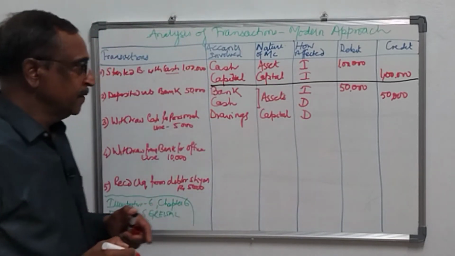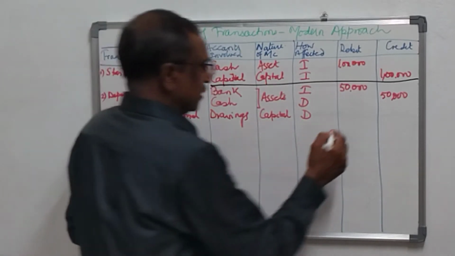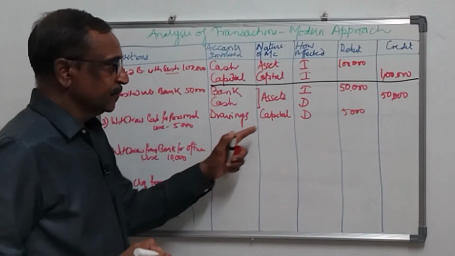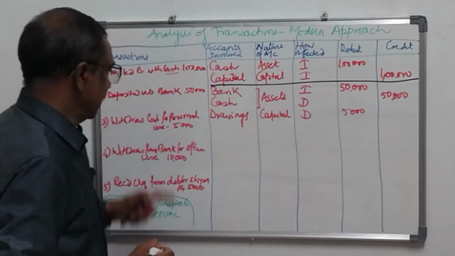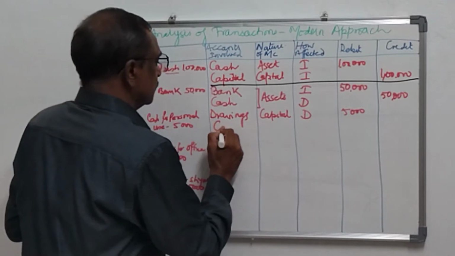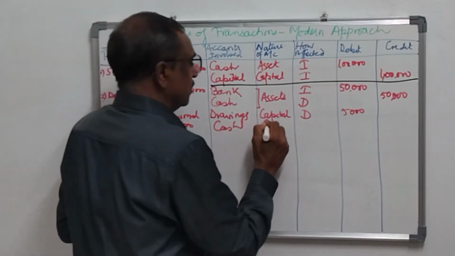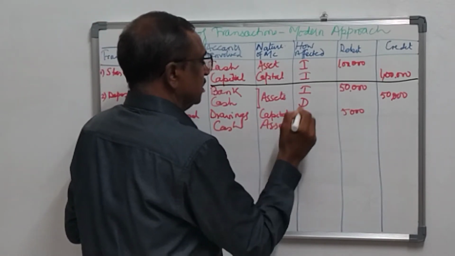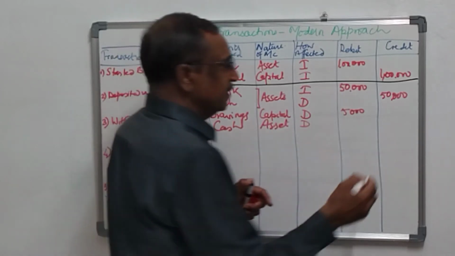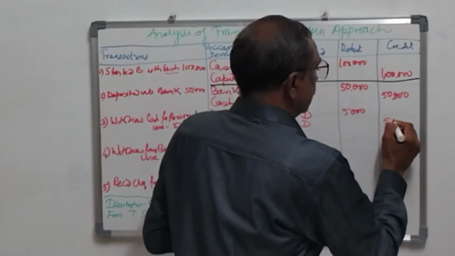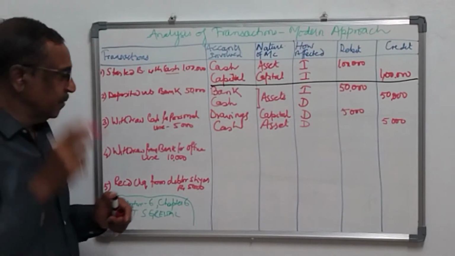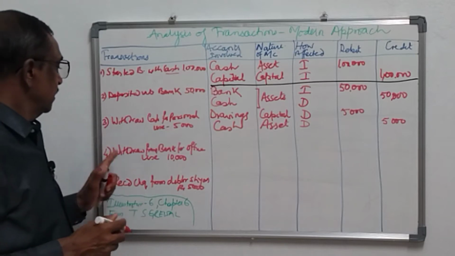Your capital will reduce by 5,000. So decrease in capital is debited, and the other account involved is cash. Cash is your asset, and asset is decreasing. Decrease in asset is credited. So we will write 5,000 in the credit column. Clear?